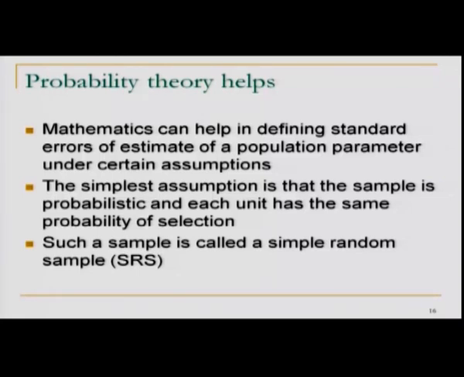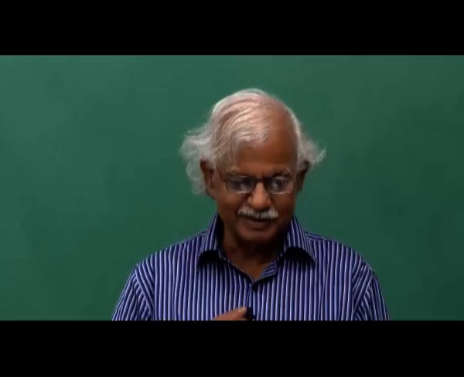Probability theory is mathematical, and mathematical theory helps in defining standard errors of estimates of a population parameter under certain assumptions. The aim of sampling theory, as I have understood, is to derive mathematics for estimating the standard error of estimates for population parameters under different types of sample designs and under different assumptions.